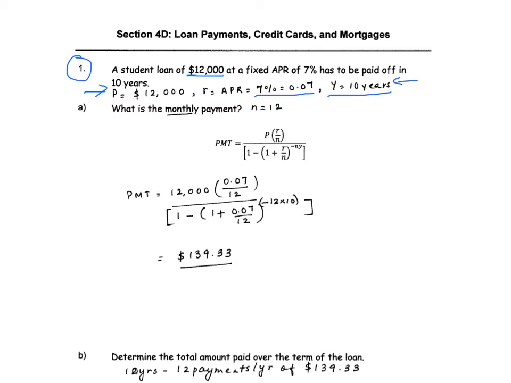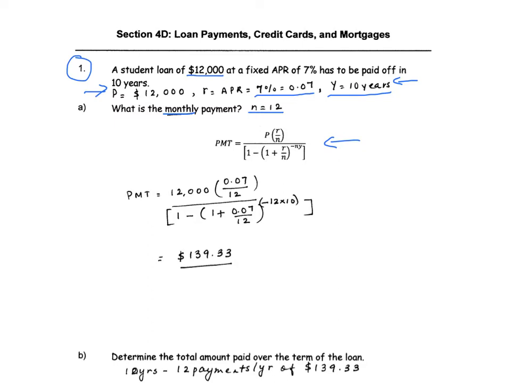So the minute we see the word monthly, we know that we're going to pay 12 payments in a year. So this N is the number of payments in a year. So we have the formula. All we have to do is plug in the numbers. Just remember to enter all the numbers into the calculator just once.